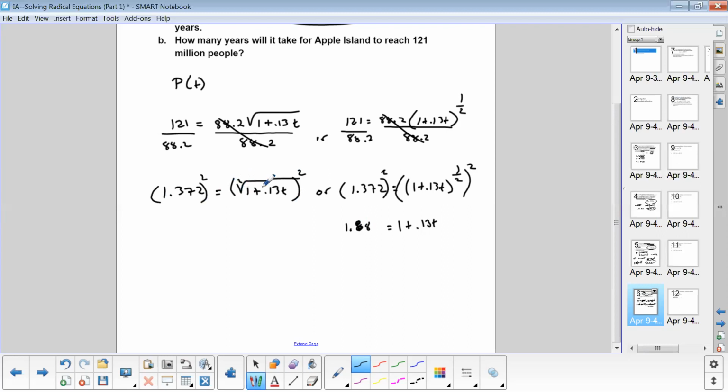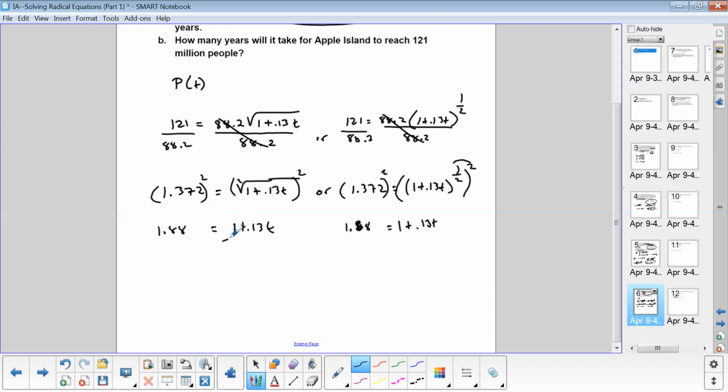And we know what will happen to the radical symbol. It will disappear, just like when we take a power to a power, that exponent becomes 1. So when we square a square root, we would get what's under the radical sign.